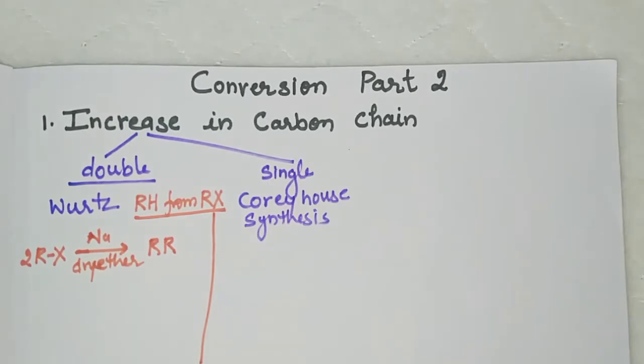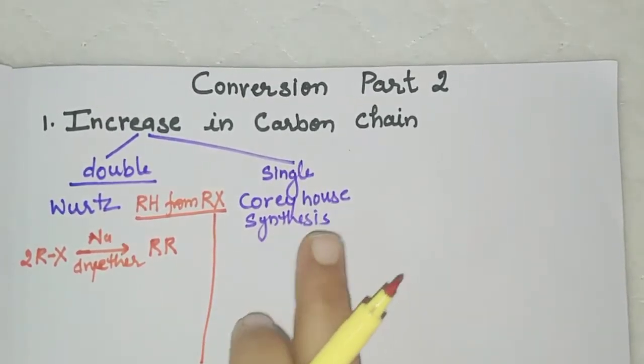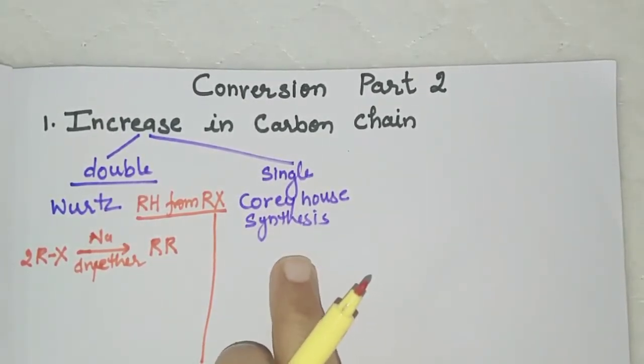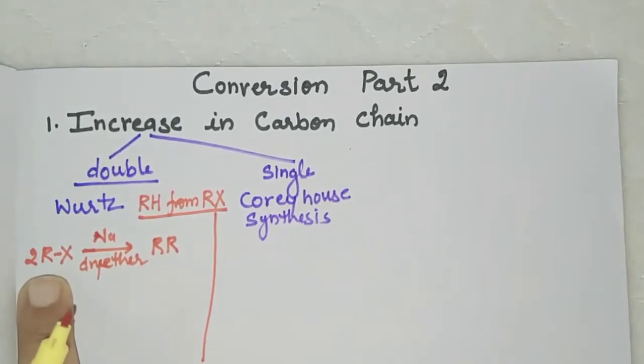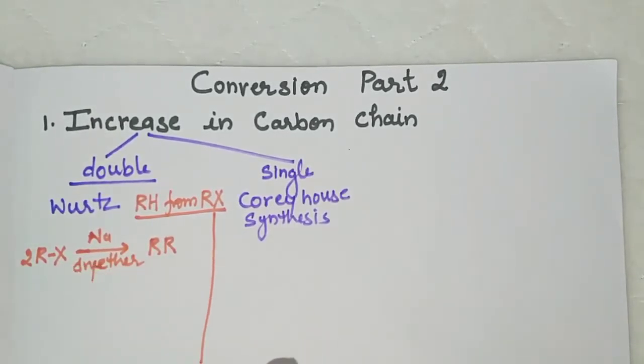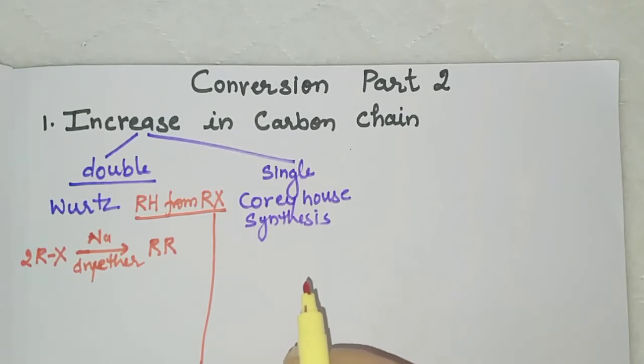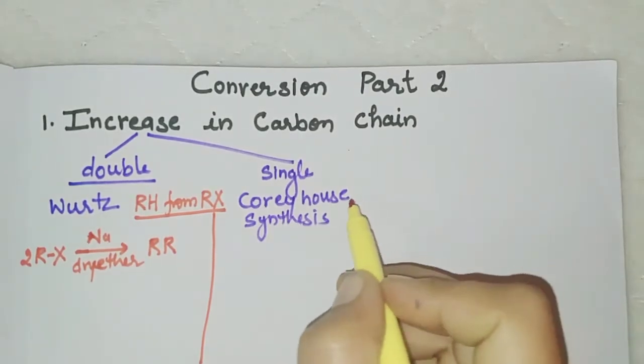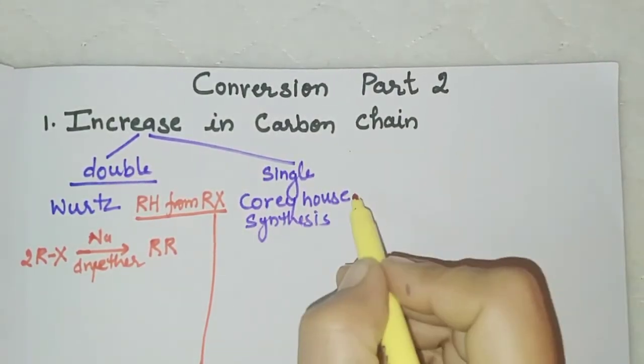This is our Wood's reaction. And in Corey-House synthesis, what we are taking is the same thing here, an alkyl halide, but the catalyst here is lithium alkyl cuprate. I am explaining this in Corey-House synthesis here.